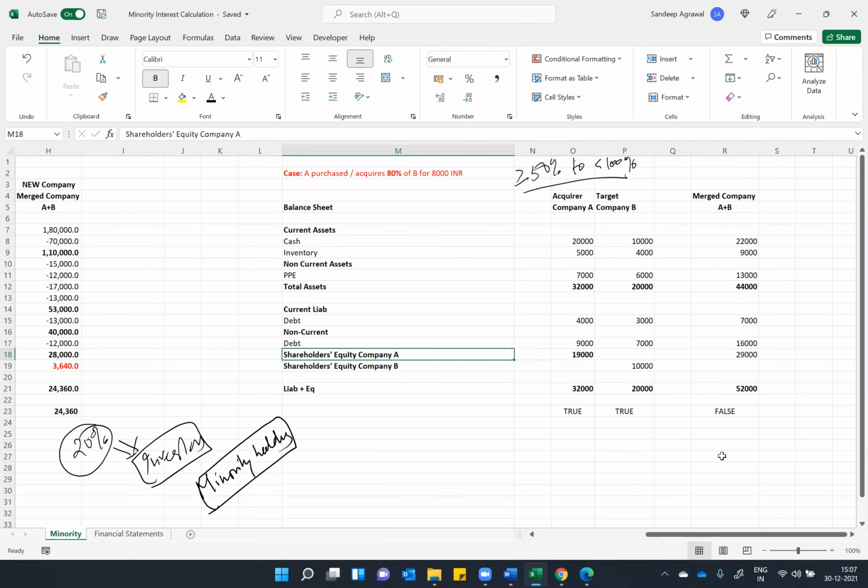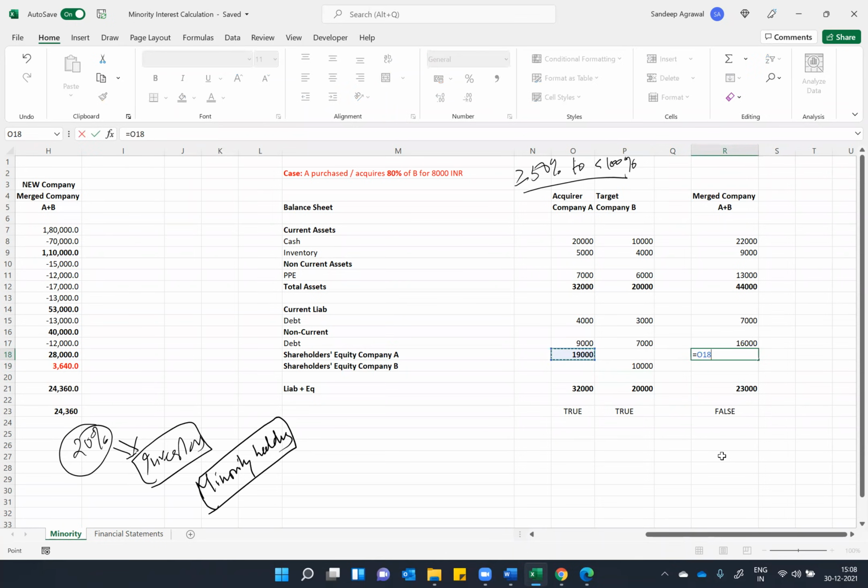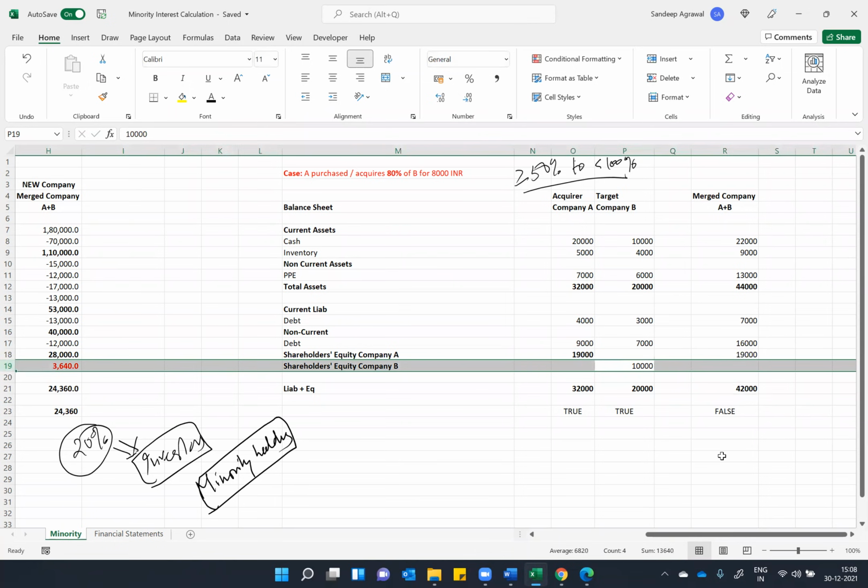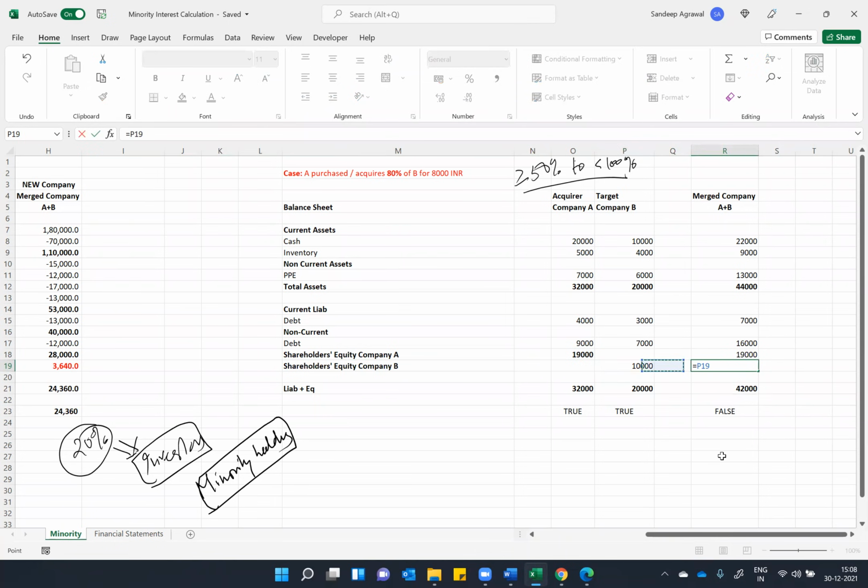So company A's shareholder equity is 19,000, and company B's equity is 10,000. I will keep this 19,000 of company A, which is the acquiring company and continues to exist. Company B got acquired, so I will say 10,000 minus 8,000 of shares which got reduced because of the acquisition. So the remaining equity of B is only 2,000.